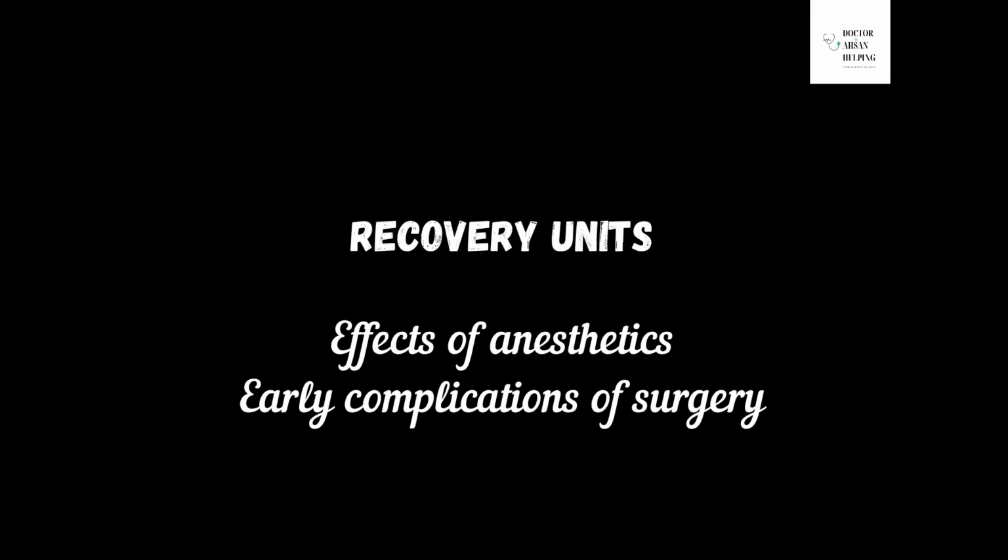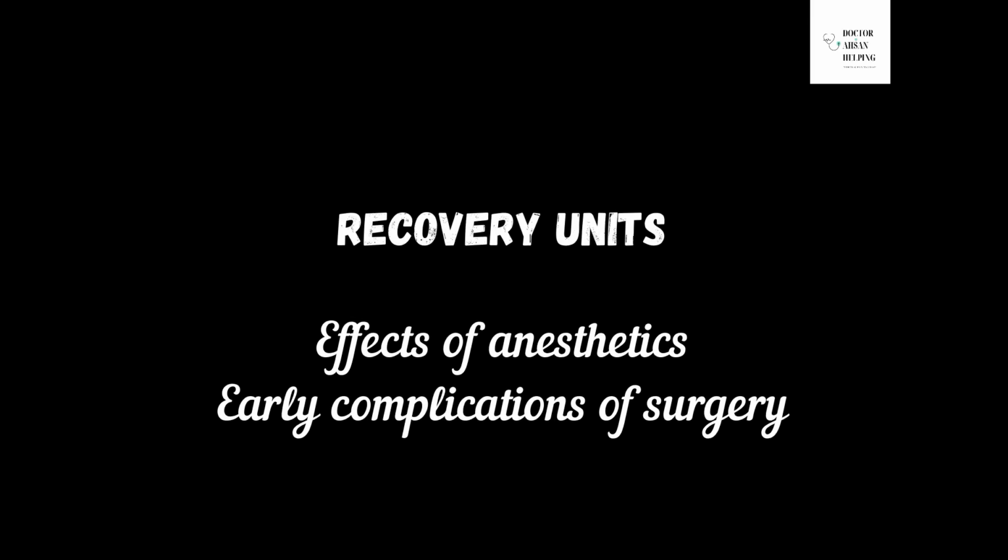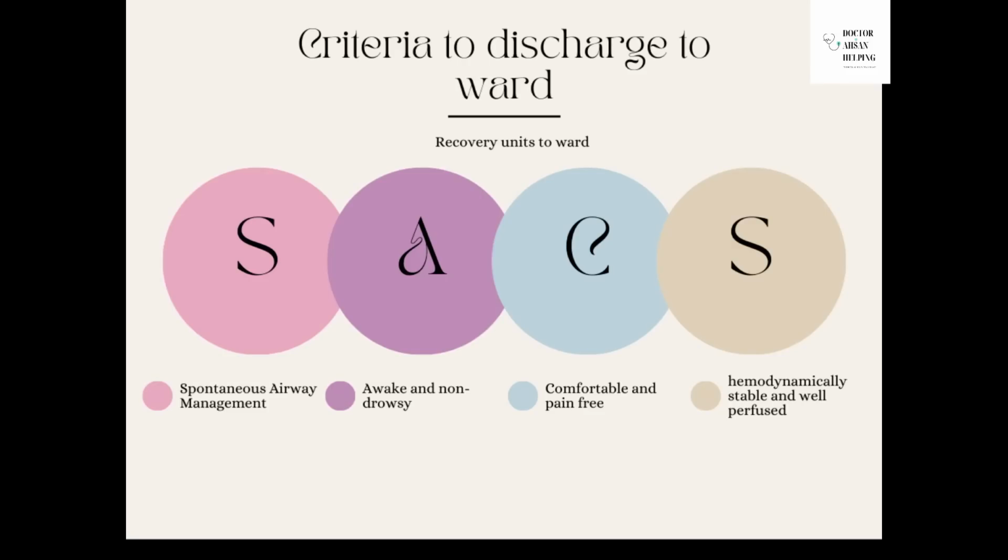So there should not be any evidence of hemorrhage, and this criteria is known as SACS criteria, which includes spontaneous airway management, awake and non-drowsy, comfortable and pain-free, and hemodynamically stable. If the patient has all 4, the patient can be safely discharged to the ward.